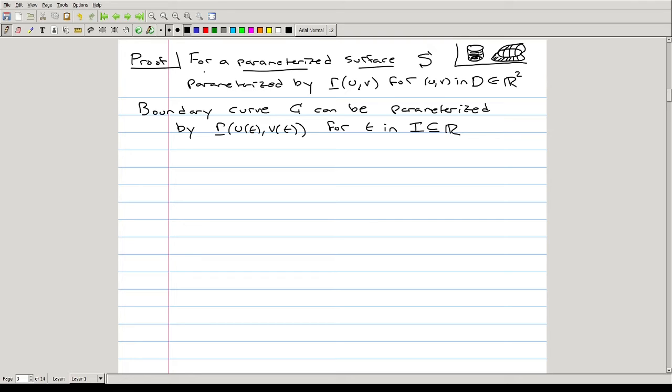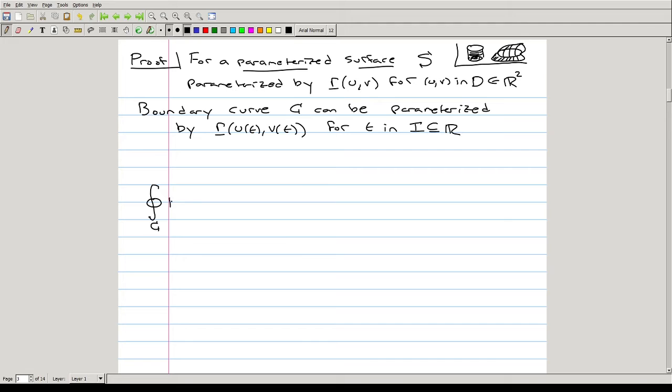What we'll do to start this proof is start with the line integral portion, and we'll eventually show that it's the same thing as the surface integral we got before.